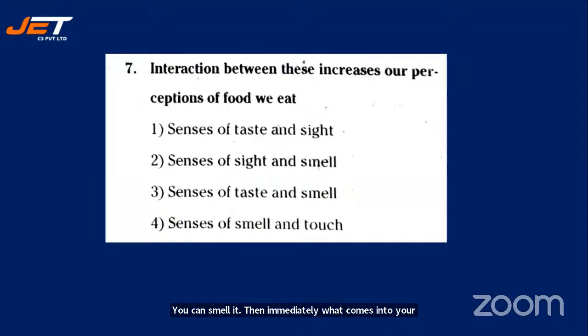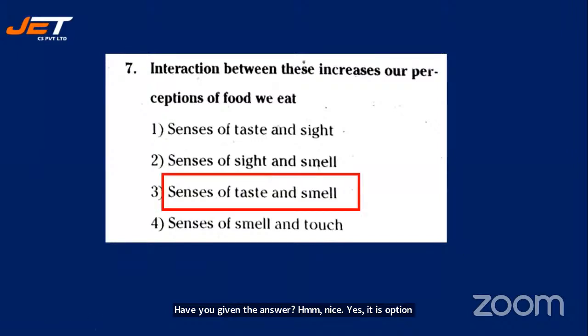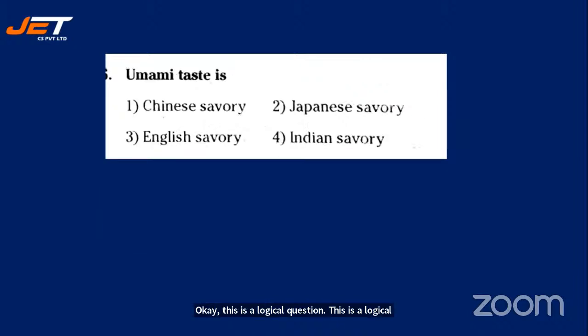Am I right? So your taste buds will be activated. So smell and taste are coordinating with each other. Okay, have you given the answer? Nice. Yes, it is option 3, children. Very good. Senses of taste and smell. Okay. This is a logical question. You can answer without basic knowledge of the textbook.